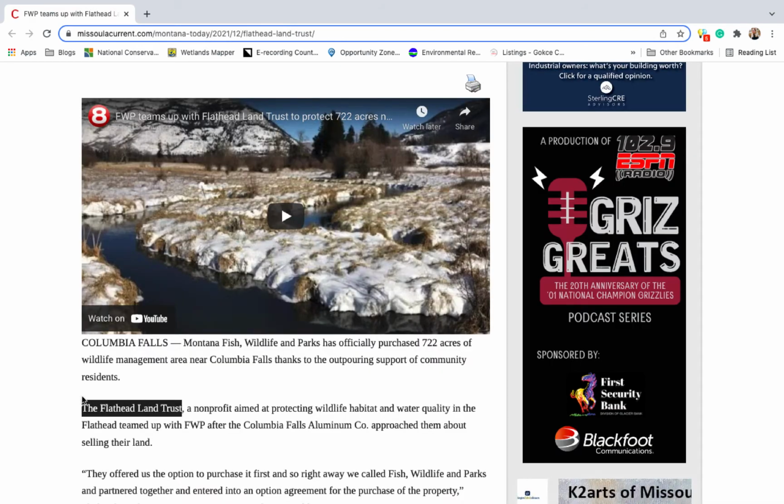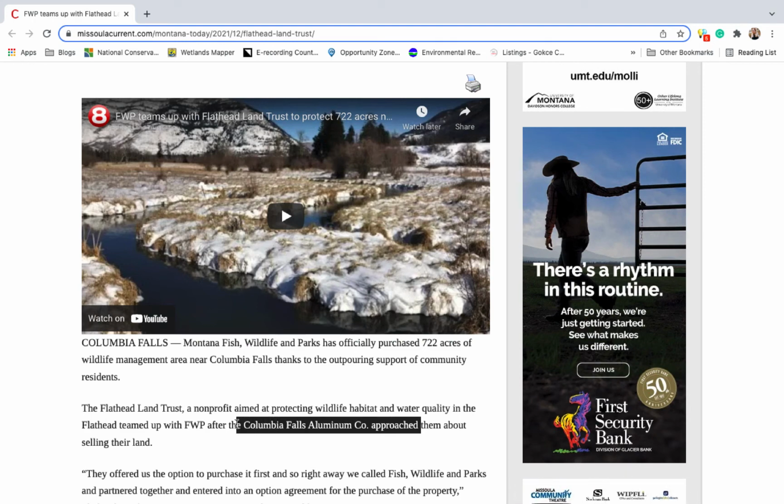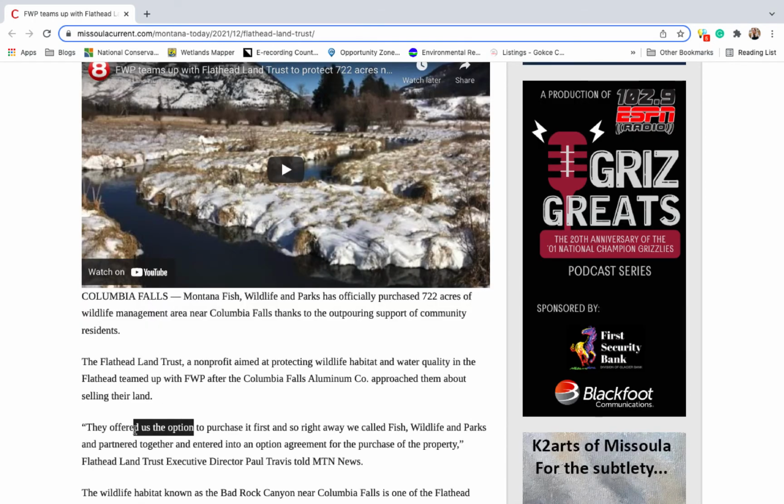The Flathead Land Trust, a community-based nonprofit dedicated to protecting wildlife habitat, approached the Columbia Falls Aluminum Company with an offer to purchase the land. To their surprise, the company accepted, provided they could find the funding.